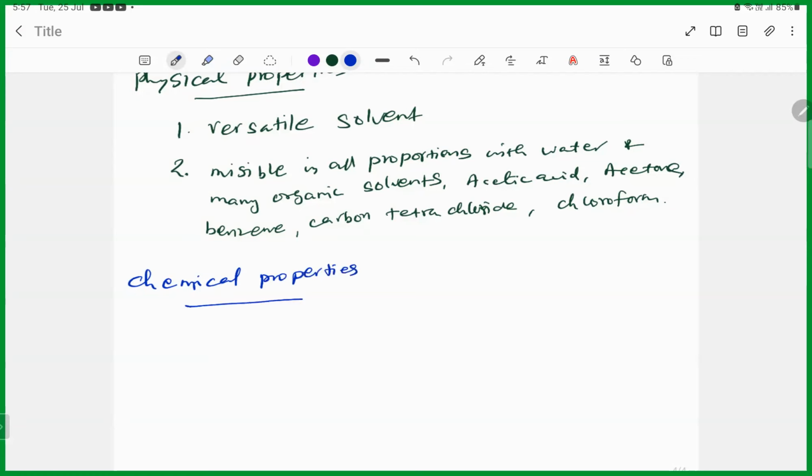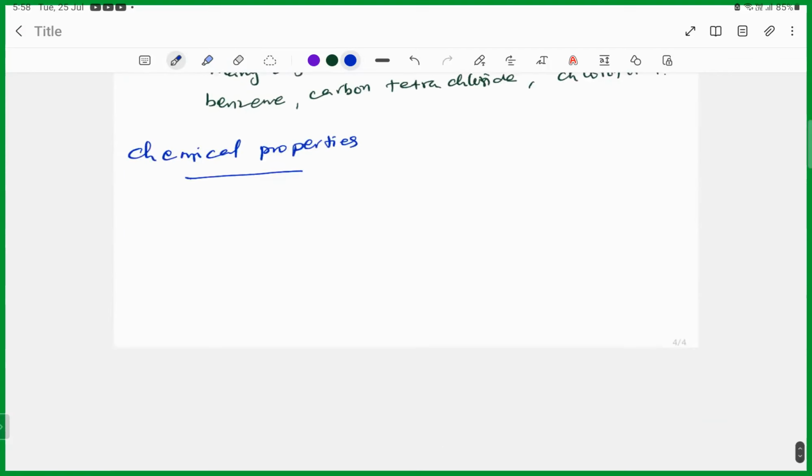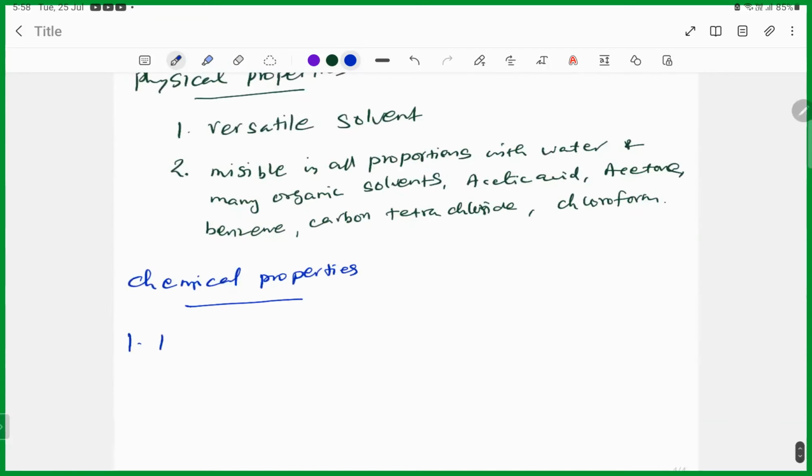The chemical properties: ethanol reacts with the hydrogen halide to produce ethyl halide, such as ethyl chloride and ethyl bromide. So first, number one, halogenation.